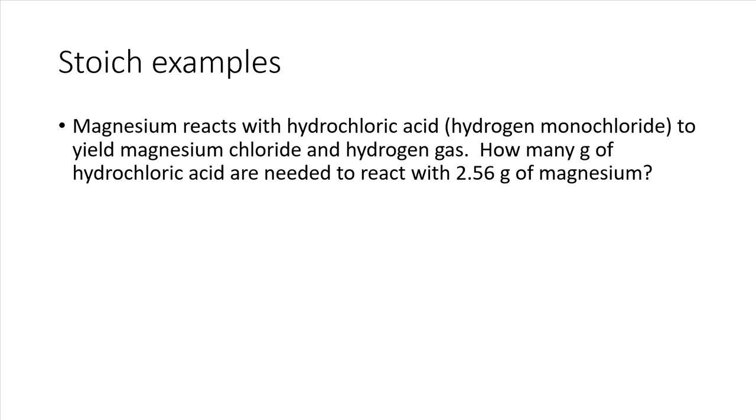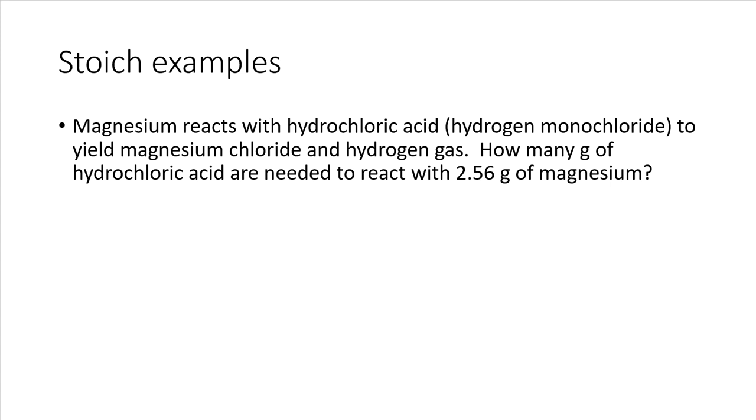So let's get right into a stoichiometric example of what I'm talking about. So again, if I were to do this in class with you, I would give you time to work this out. I recommend that you pause the video and try to work it out before you watch me solve it. But magnesium reacts with hydrochloric acid to yield magnesium chloride and hydrogen gas.